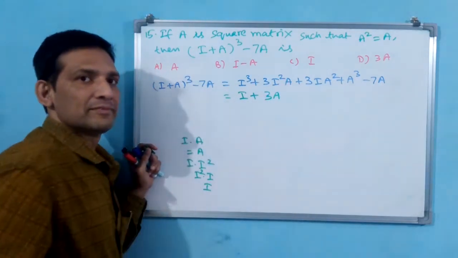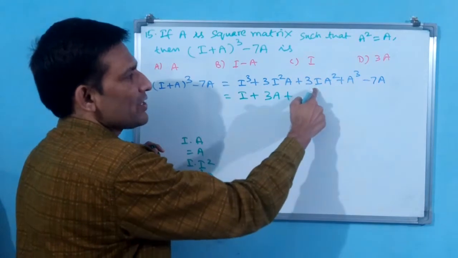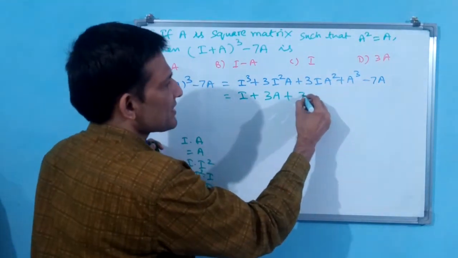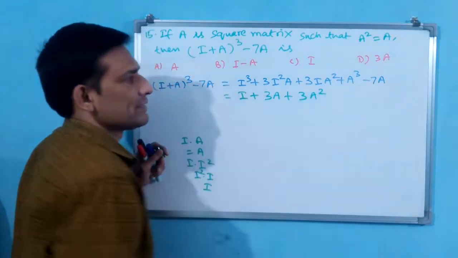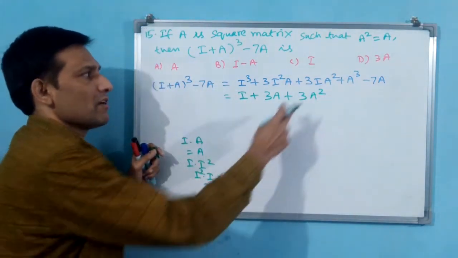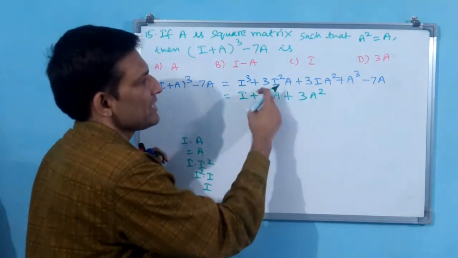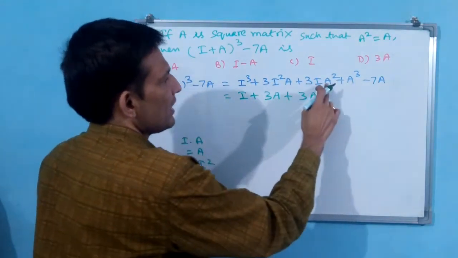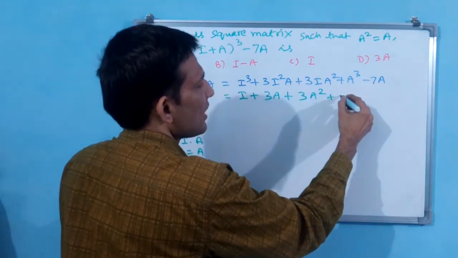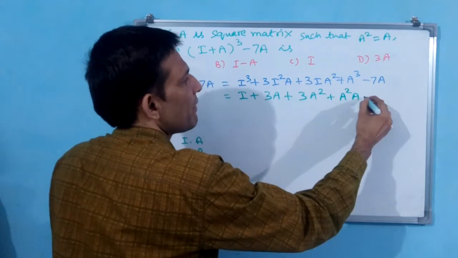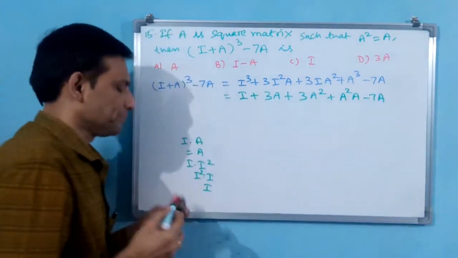Is it okay? Plus here also you see, 3 into I into A square means first you write A square, because you remove the I, whatever is possible to remove. Now plus A cube. Here I write A cube as A square into A, minus 7A.